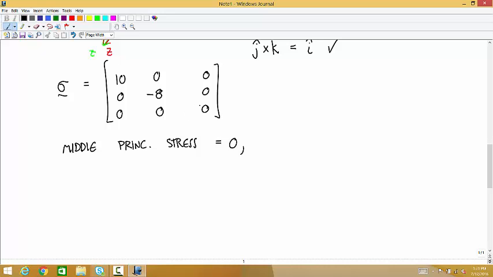The 0 is in the z position on the diagonal. So we're going to rotate the coordinate system positive 45 degrees. You could do negative also, about the z-axis.